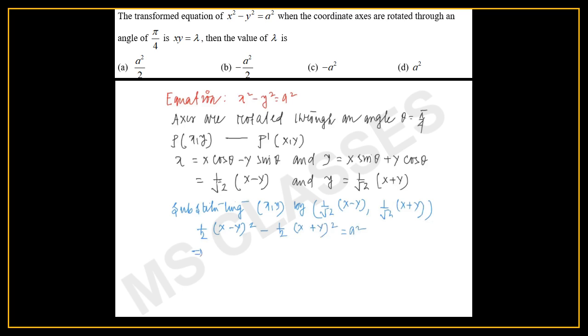Now from this we can take minus half common, and we can write here 4XY. Why 4XY? We can understand here: capital X plus capital Y whole square minus capital X minus capital Y whole square equal to a square.